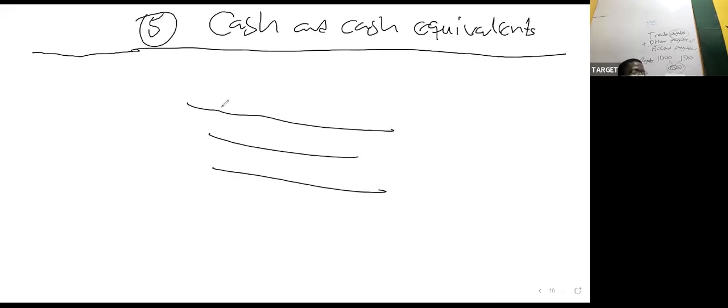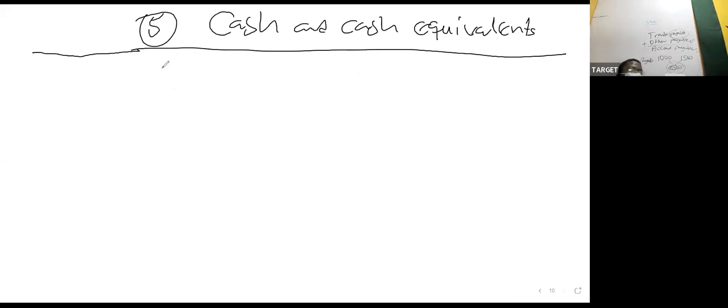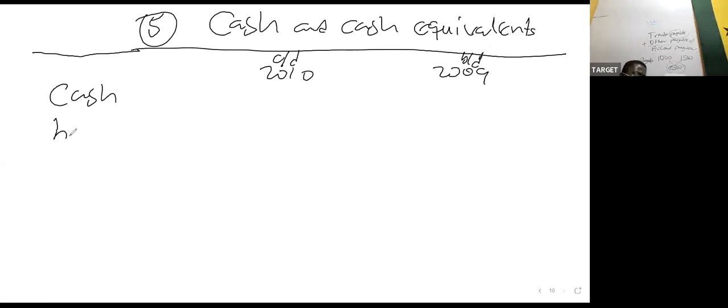So cash and cash equivalent, how do you compute that? It's like this. We have at the start and at the end, right? What is the current year? 2010 and 2009. So this one becomes brought down and what? Carry down. When you say cash and cash equivalent, it's made up of what? First item, cash balance. Bank balance.